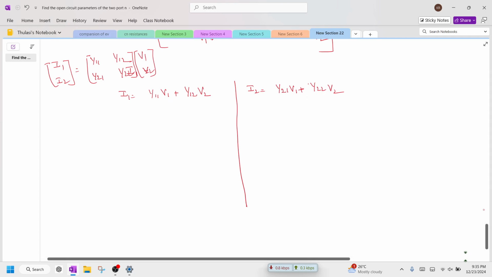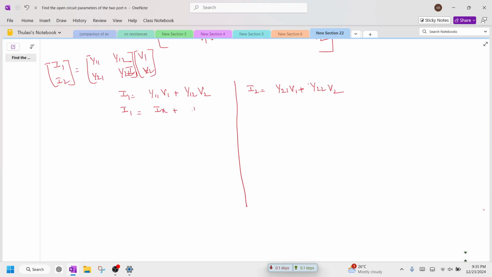Now let's try to draw for input port and output port. Let's try to join. Here you can see, this is an entering current, this is a leaving current Ix, and this is another leaving current Iy. Let's try to mark. So I'm going to draw the KVL now. So the entering current is I1 with an applied voltage of V1. The voltage at this point is V1 and 0 volts.